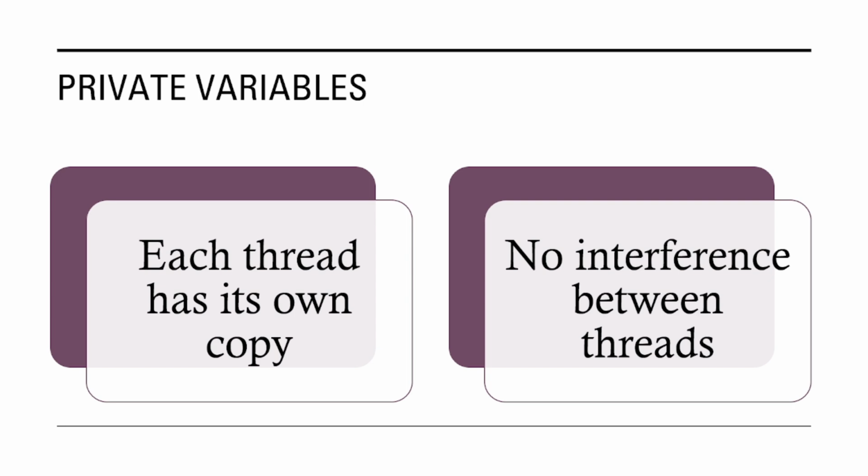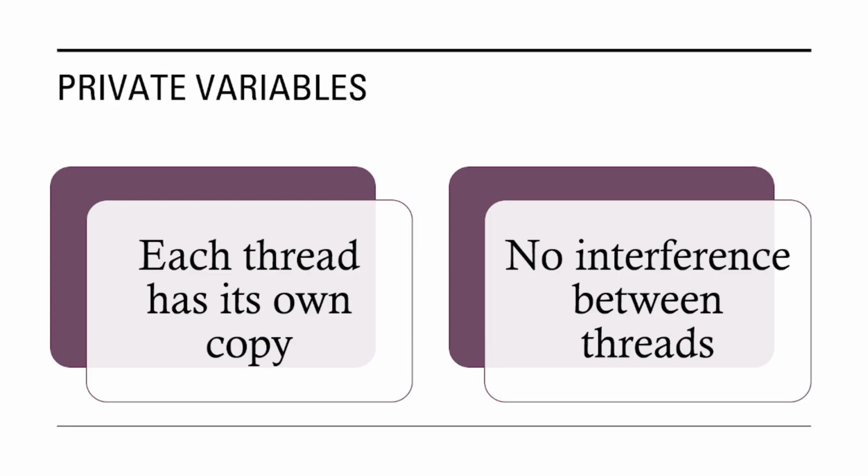If you look at the behavior, the initial value of a private variable is undefined unless specified. Updates made by a thread are not visible to others. After execution, the original variable is not automatically updated.